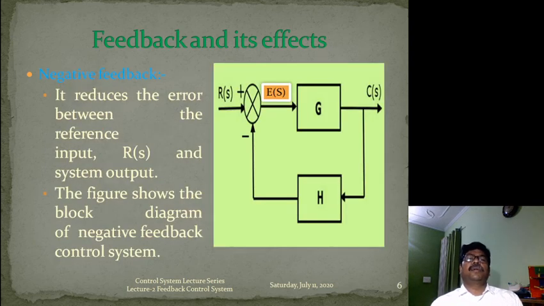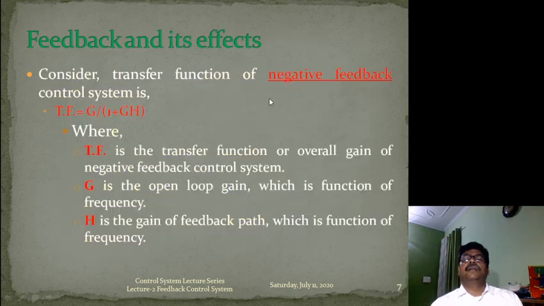Now negative feedback. In negative feedback, what happens? It reduces the error between the reference input and the system output. In this block diagram, you can see that the output is tapped with a negative feedback path gain H, and here the sign is minus. In this summer or comparator, R(s) and the feedback signal are compared, and we get the error as R(s) minus the feedback signal.